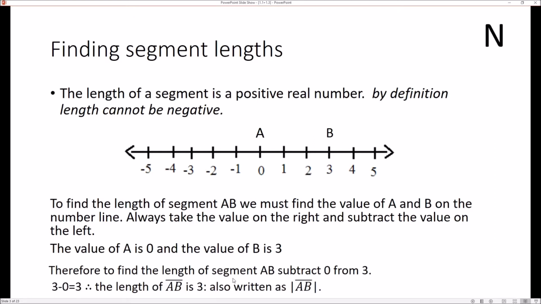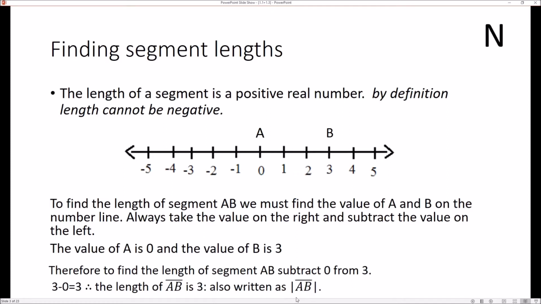So to find the length of segment AB, we subtract 0 from 3, which looks like 3 minus 0 is equal to 3. This symbol means therefore. We're going to use that a lot in this class, so I'm going to introduce it now. Therefore, the length of segment AB, this bar across the top means segment AB, so that's from here to here, is 3. This can also be written as the length.